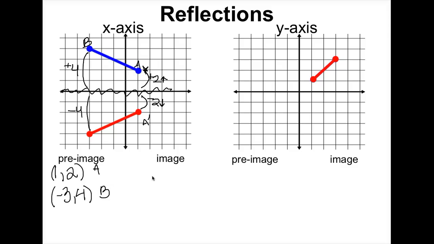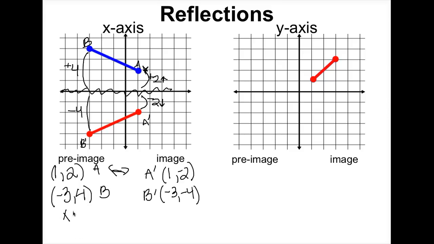So my image of A became 1, -2. And my image of B became -3, -4. Something I want you to notice is I want you to compare your x coordinates and your y coordinates between the pre-image and the image. What do you notice? Is there something similar or different about the x coordinates? How about the y coordinates?